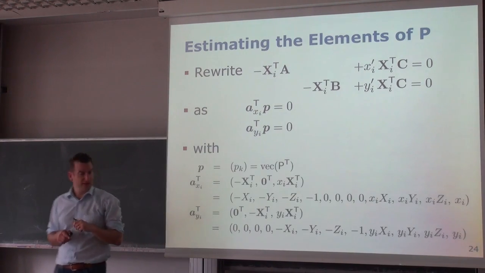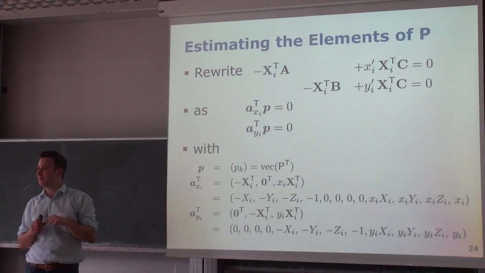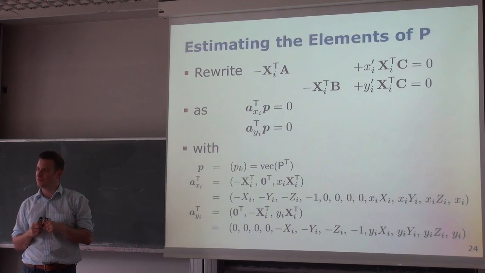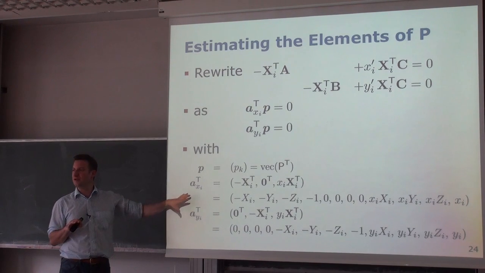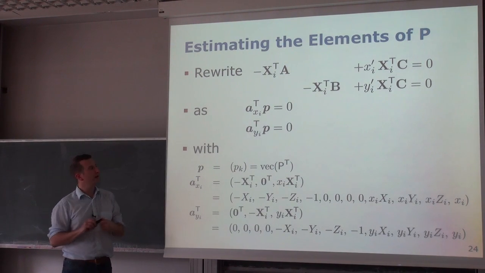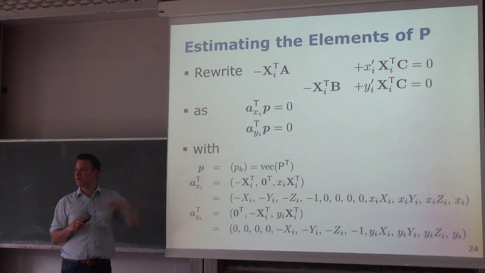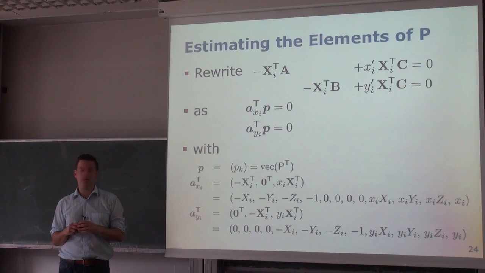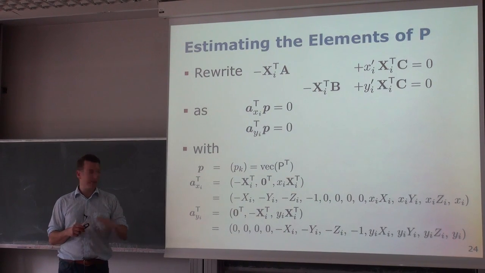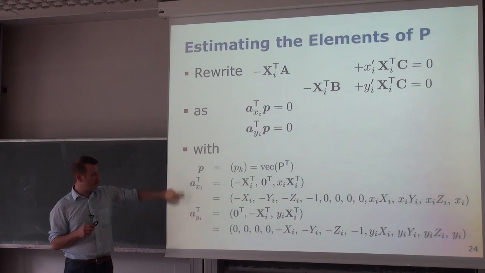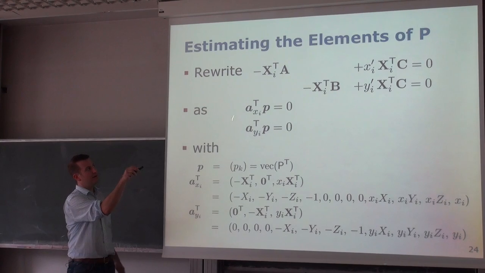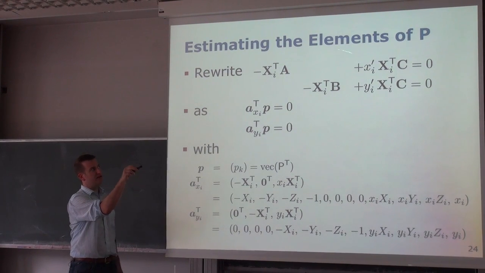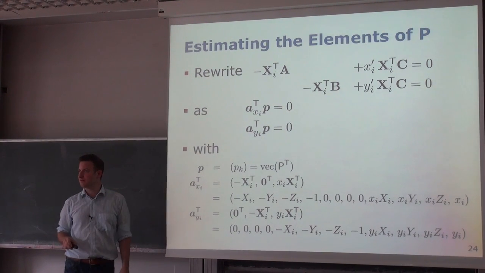And we get that if we define this vector A, B, and C in this way. This may sound a little bit counterintuitive. Why do I set up something like this? I hope this will become clear, because it will simplify the math that we are going to do substantially. But first, I provide you these two vectors A, and I claim that this equation is exactly the same equation over here.